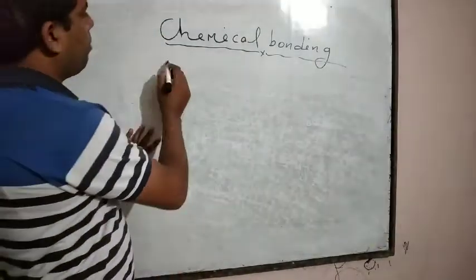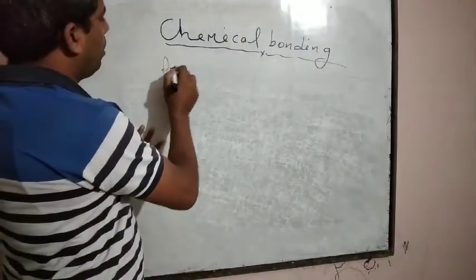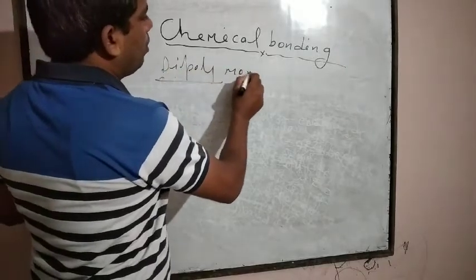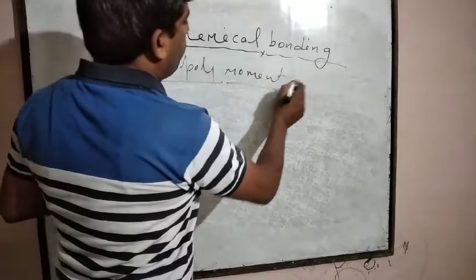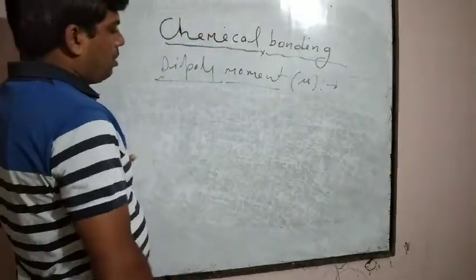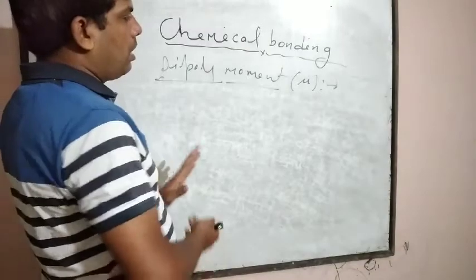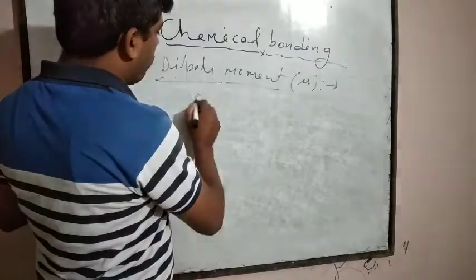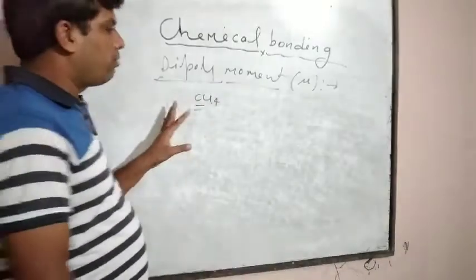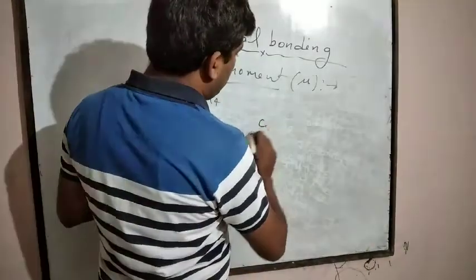We are discussing dipole moment, which is represented with mu. The formula of carbon tetrachloride is CCl4.